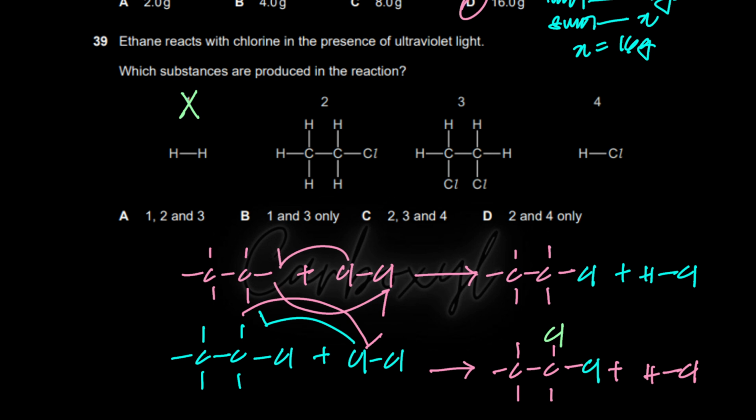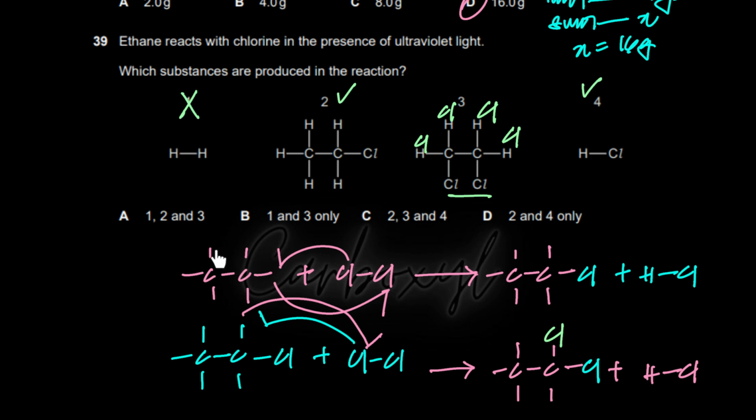So you're going to get chloroethane and then dichloroethane and trichloroethane, and hydrogen chloride is going to form. So hydrogen chloride forms, chloroethane forms, and again 2 chlorines can also come here, 3 chlorines can also come here, 4 can also come here, 5 can also come here. So in total, if I asked you what are the total number of different substances produced, that would be 7, right?